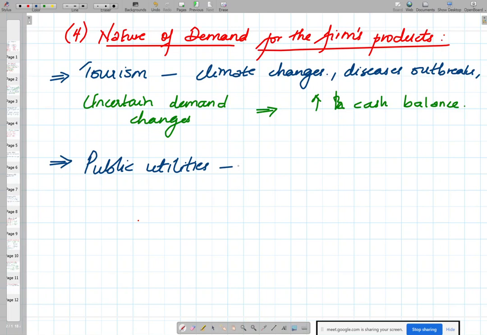Now, in these cases, we say that the demand is inelastic. Inelastic means what? For tourism, we say demand is elastic. It changes a lot. Whereas in case of public utilities, the demand is inelastic, which means that the demand doesn't really change much along with any changes in the external environment. For example, no matter what happens, you still consume electricity, correct?